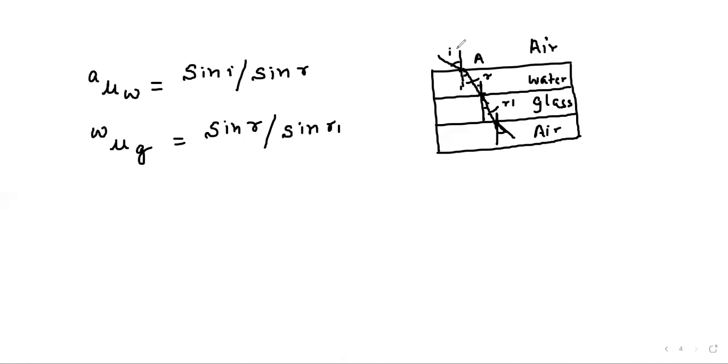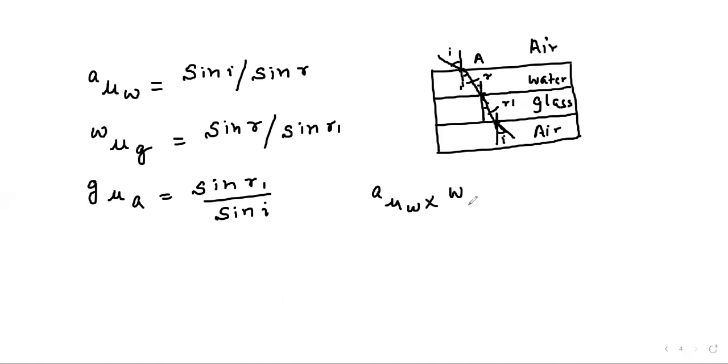So this angle will be equal to this angle I. Since the ray enters from glass to air, we write the refractive index of air with respect to glass. So G mu A will be equal to sine R1 divided by sine I. If we multiply these three equations, again we will get 1. A mu W multiplied by W mu G times G mu A must be equal to 1.